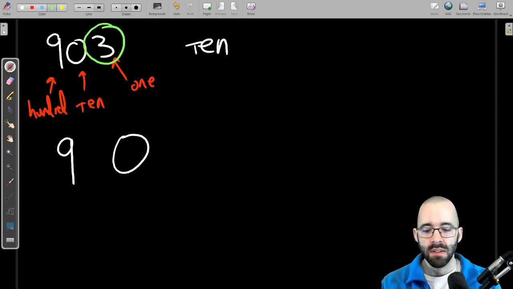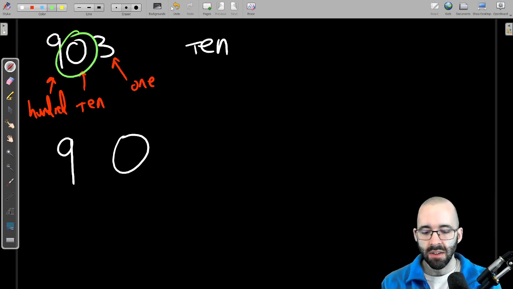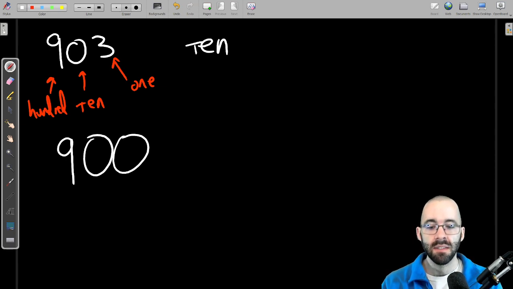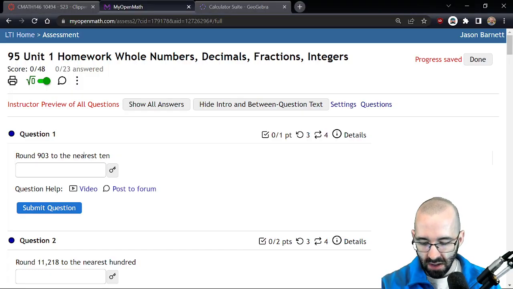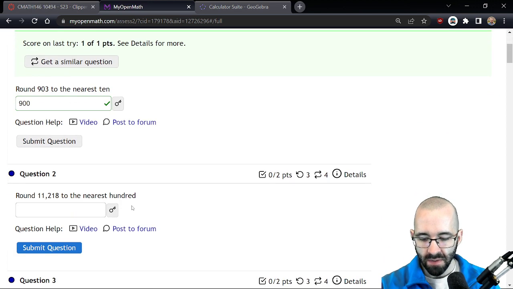Well, this is closer to 0. Remember, if it's less than 5, it rounds to 0, or it rounds down. If it's 5 or more, then it rounds up. Because it is less than 5, we round to 900. You can type in our answer into My Open Math, check that we're right, and we're good to go.